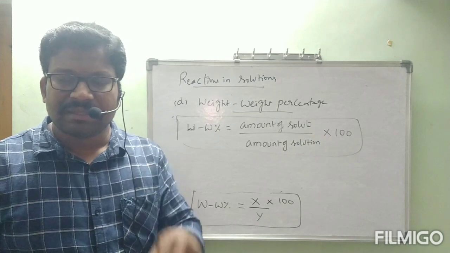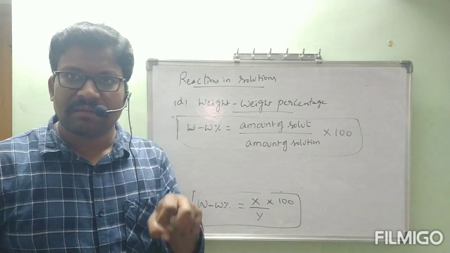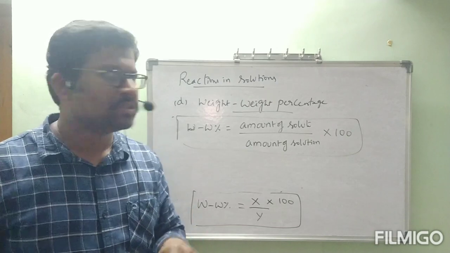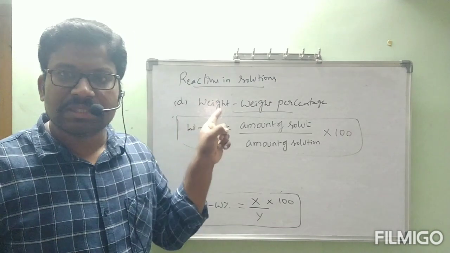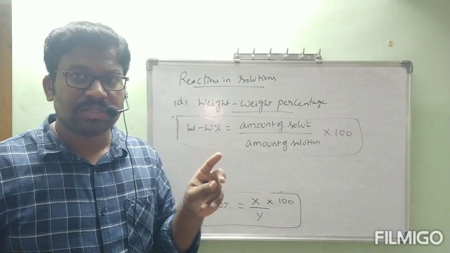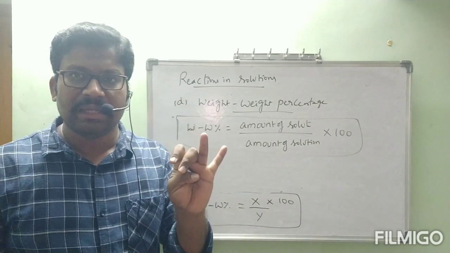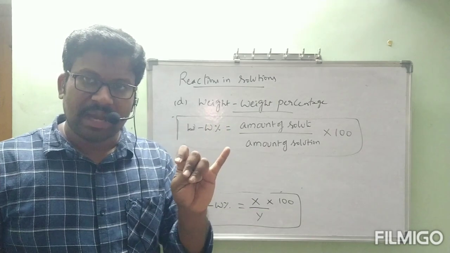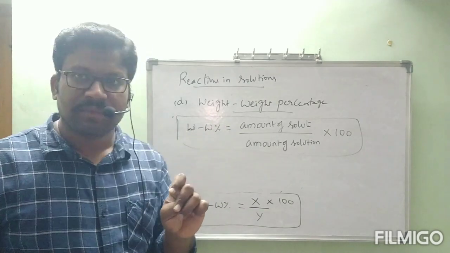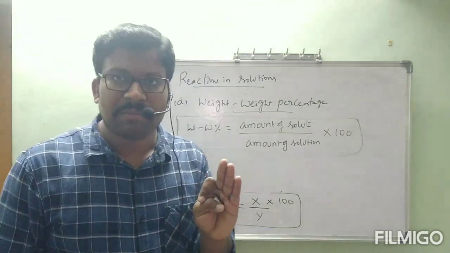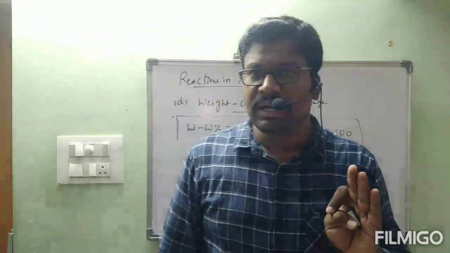Okay, these are the definitions we have learned in today's class. Under the heading solutions, we have gone through 4 definitions: molarity, molality, mole fraction, and weight percentage. Molarity: number of moles of solute present in 1 liter of solution.